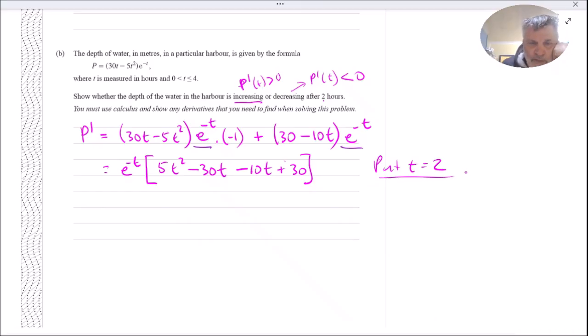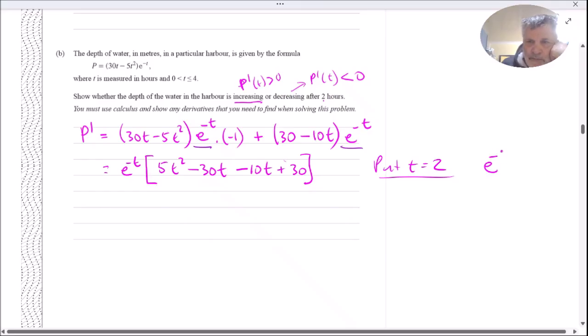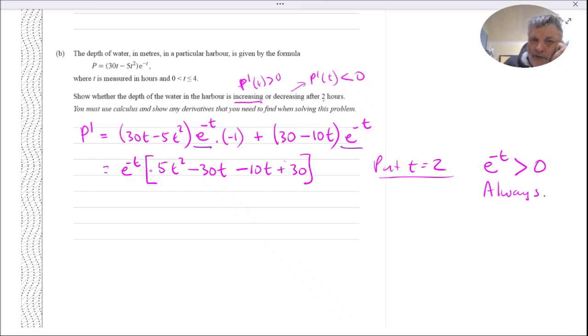However, it's simpler than that. It's a known fact that e to the minus t is bigger than 0 always. So that means we've got a positive number out the front, and the whole thing will be positive or negative depending on whether this bracket is positive or negative.